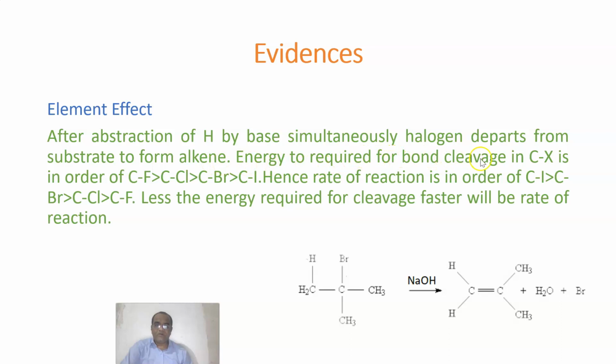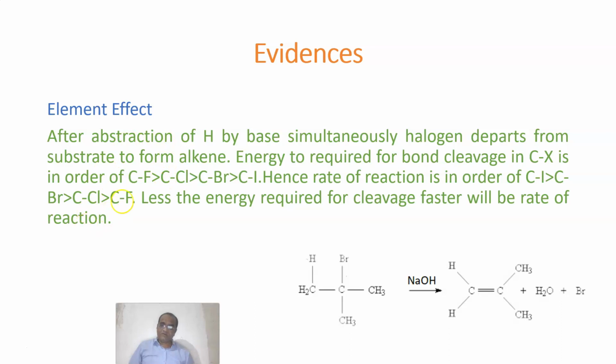The energy required for bond cleavage in C-X, the bond at the alpha carbon, where X refers to the halogen, is in the order C-F greater than C-Cl, greater than C-Br, greater than C-I. There are four types of halogens: fluorine, chlorine, bromine, and iodine.